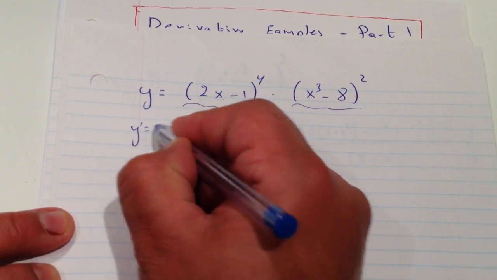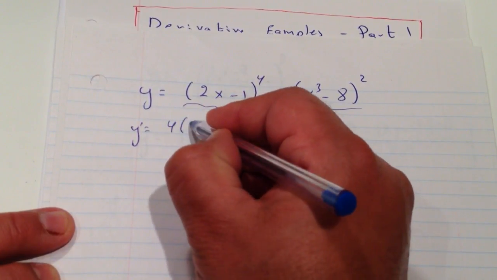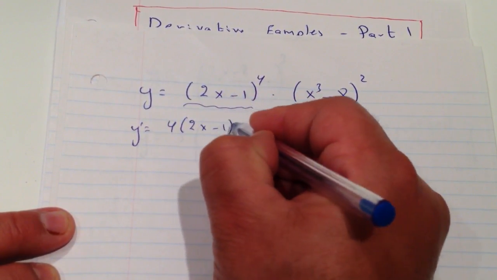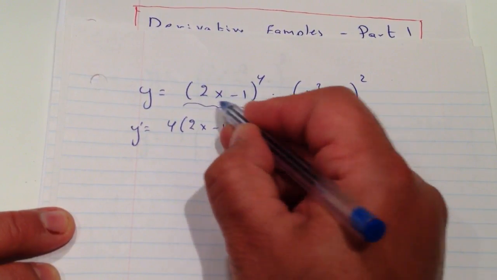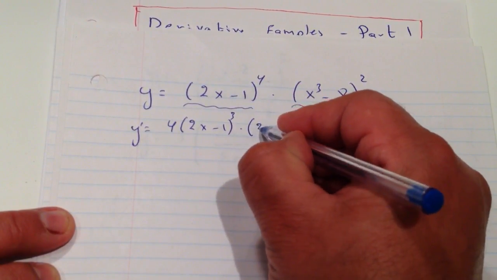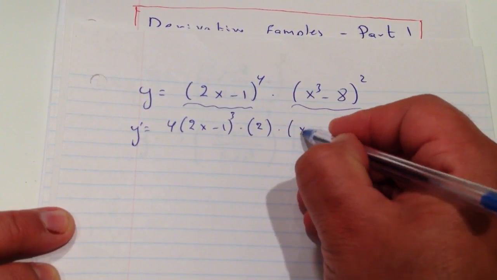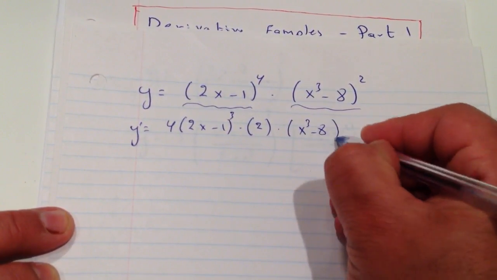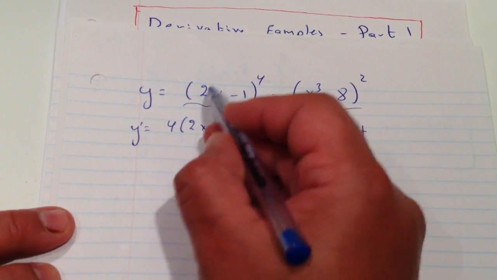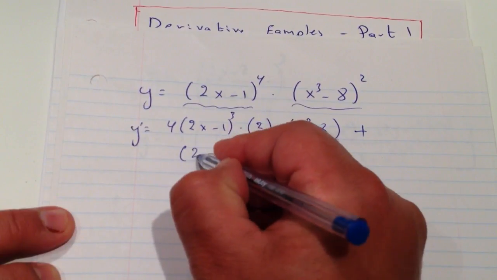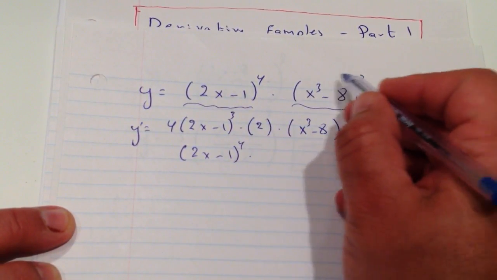Y prime is equal to the derivative of the first function, which is 4 into (2x minus 1), 4 minus 1 is 3, multiplied by the derivative of the inside function, 2, multiplied by the second function as it is, x cubed minus 8, plus the first function as it is, (2x minus 1) power 4, multiplied by the derivative of the second function.